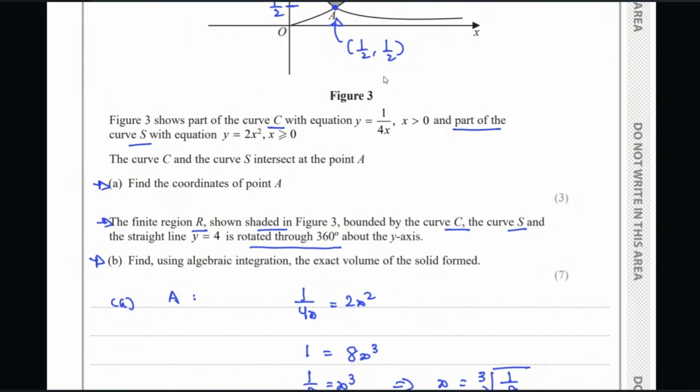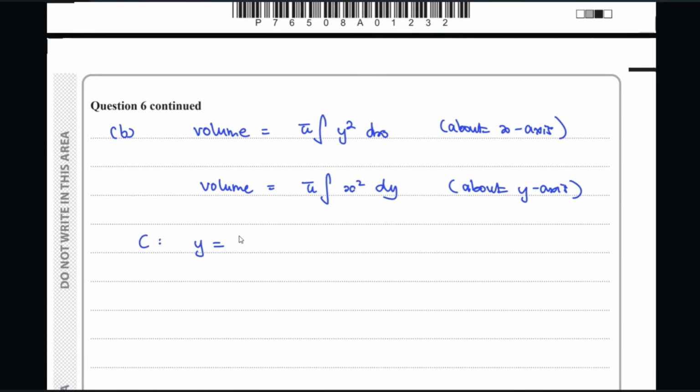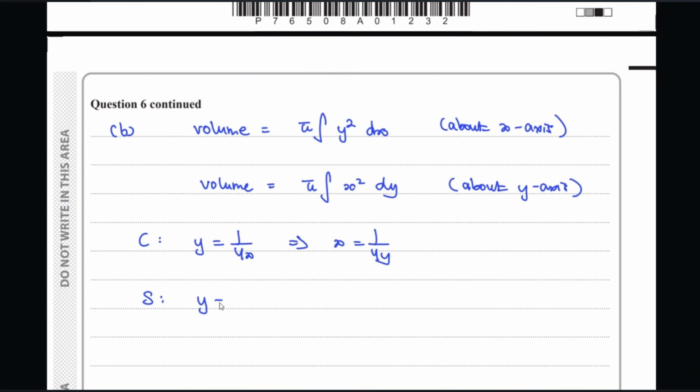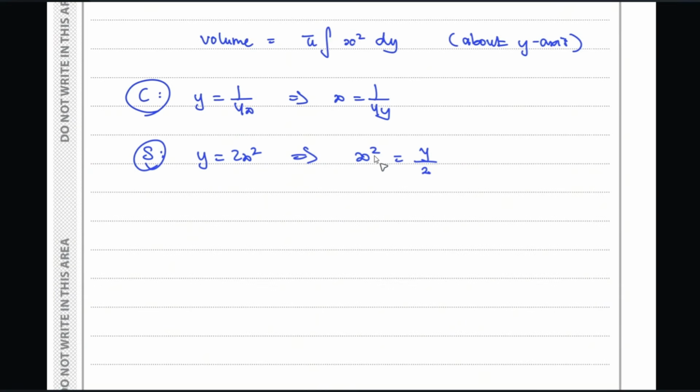For curve C, y is equal to 1 over 4x. If we make x the subject, this becomes x equals 1 over 4y. Then for curve S, y equals 2x squared. If we make x the subject, x squared is equal to y over 2.